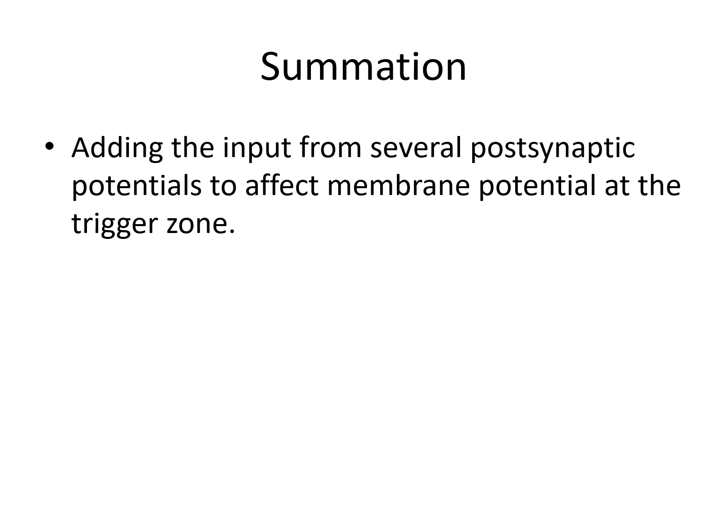So one possible outcome of neural integration is summation. This may look a little familiar to you from muscle twitch. Summation is adding the input from several postsynaptic potentials to affect the membrane potential at the trigger zone.